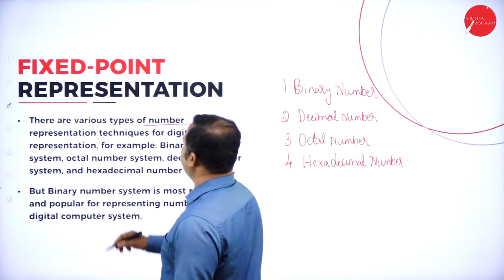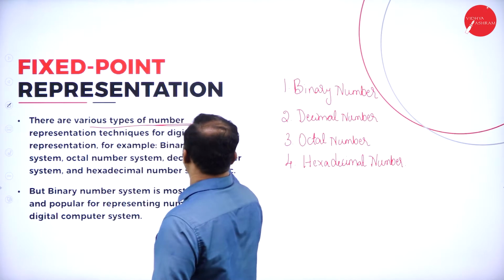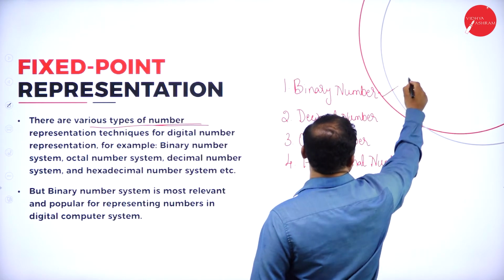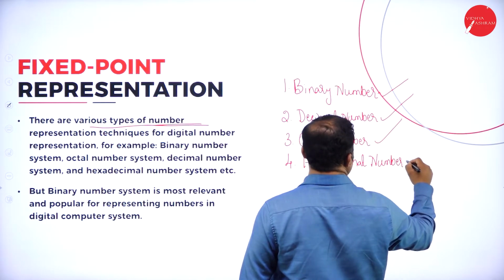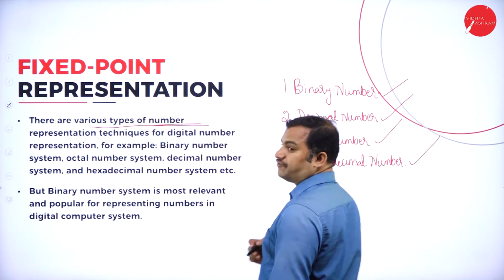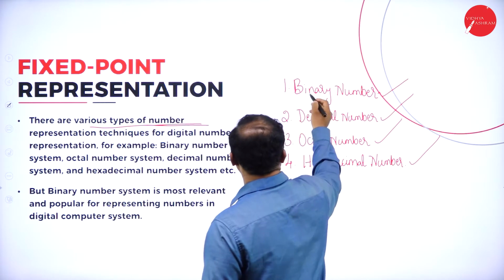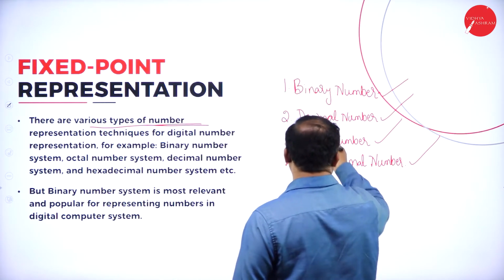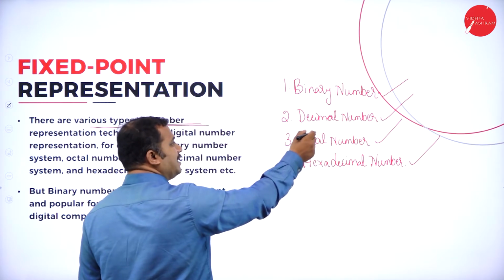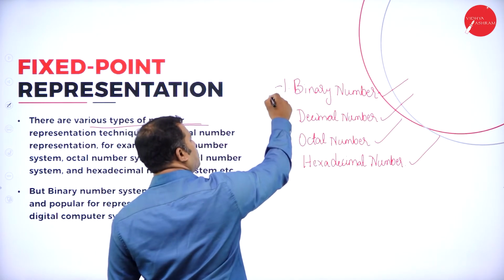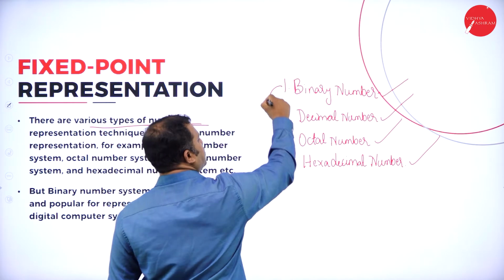So usually we represent the numbers in these formats, that is in binary number system format, decimal number system format, octal number system format or hexadecimal number system format. There is a possibility to convert any number from binary form to decimal and decimal to binary.